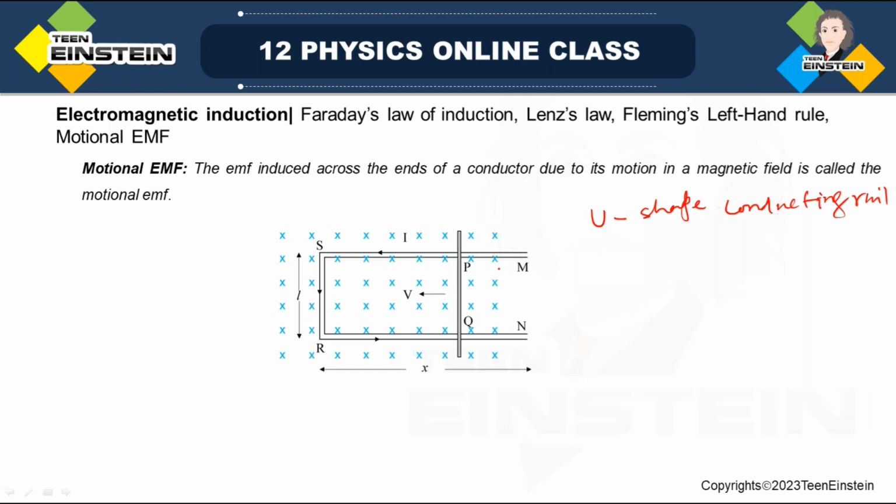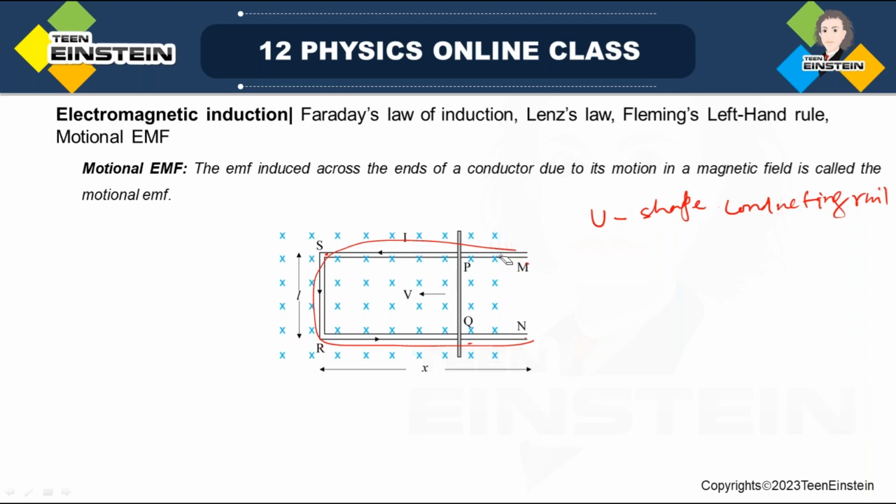This is MSRN. This is the U-shaped rail.